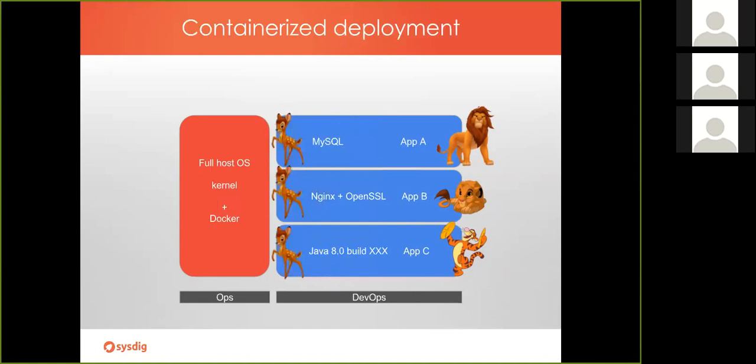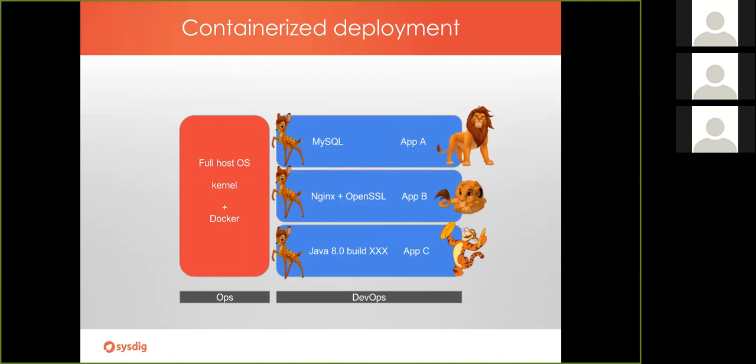But we have seen that things are changing as we are starting to adopt containers. Ops teams keep doing what they do best, which is maintaining a fully working and, most of the time, available infrastructure, while DevOps and developers have started to use containers so they can easily deploy the services they need to run their application.